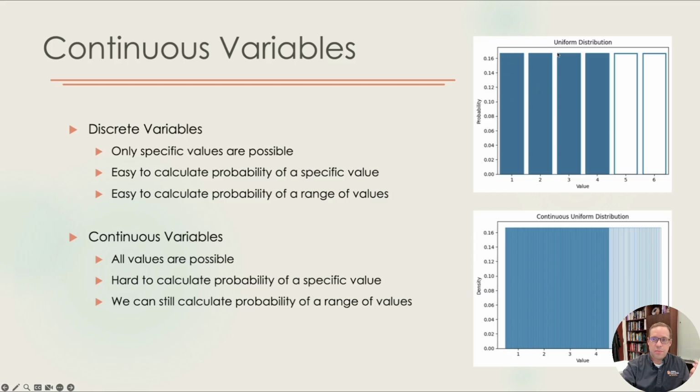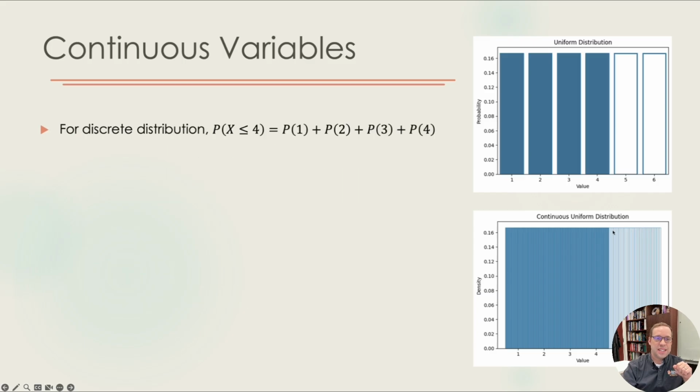This plus this plus this plus this. Just the 4 columns added up together. With a continuous distribution, we're going to see the same probability. Basically, our curve, in other words, the top of our probabilities, we're going to call that now a density function.